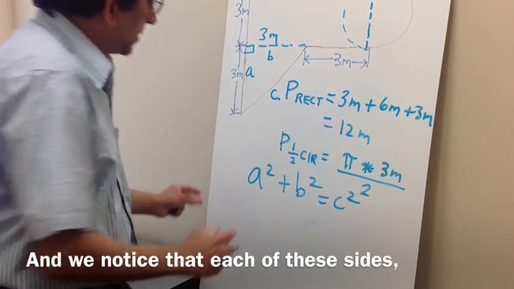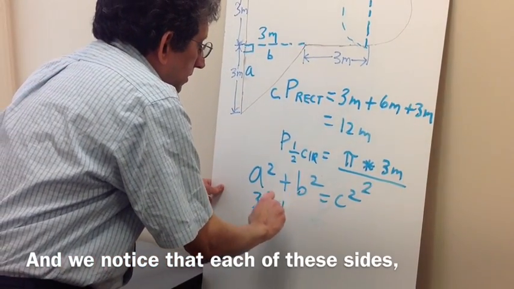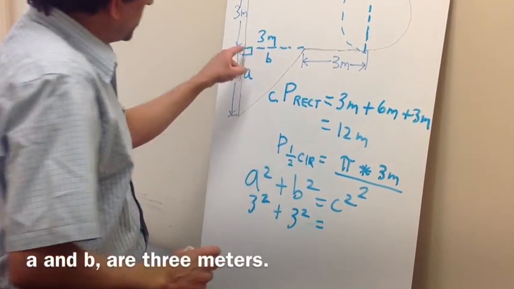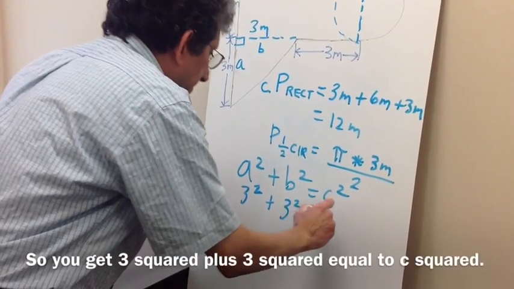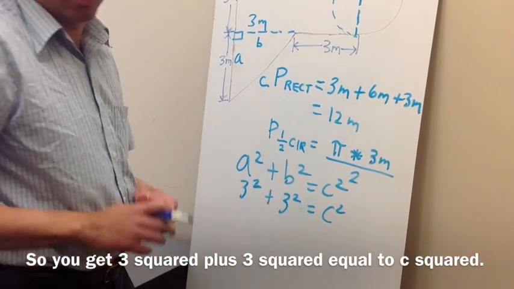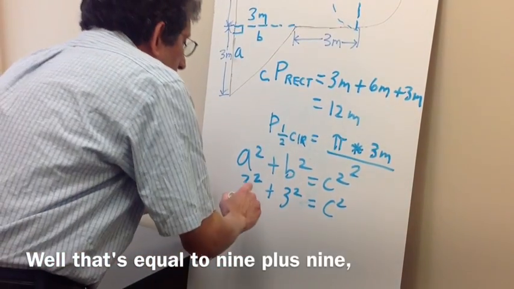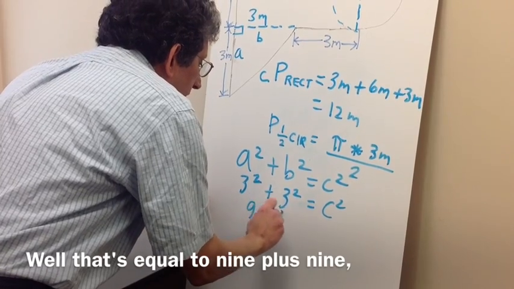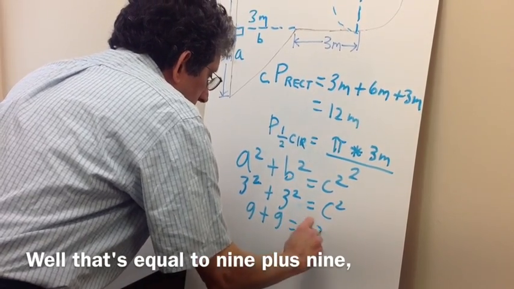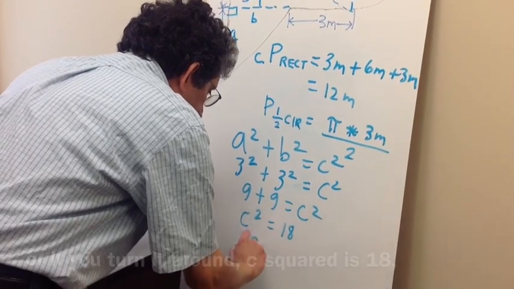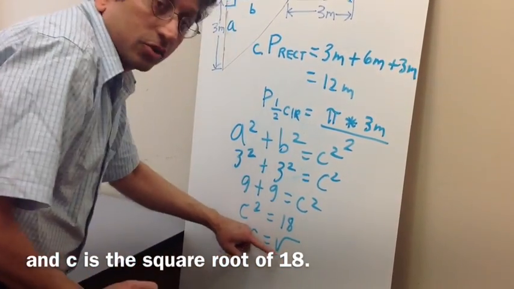And you notice that each of these sides here, A and B, are 3 meters. So you get 3 squared plus 3 squared is equal to C squared. Well, that's equal to 9 plus 9. Or if you turn it around, C squared is 18. And C is the square root of 18.